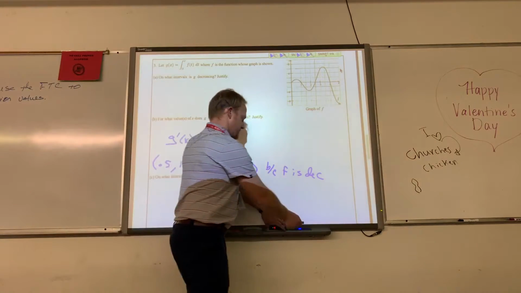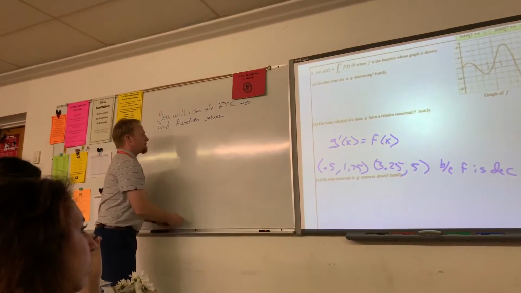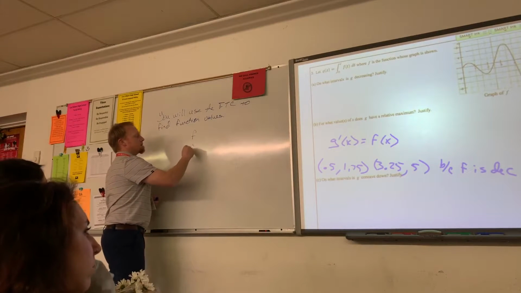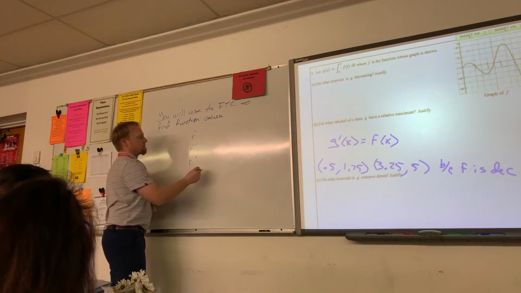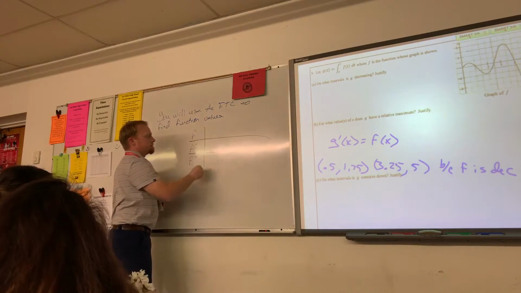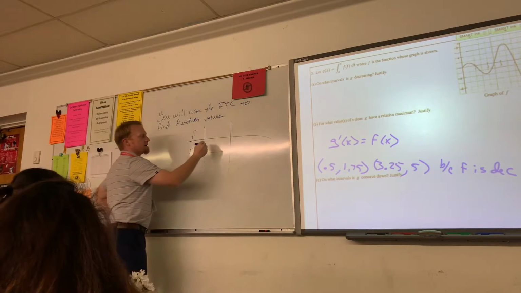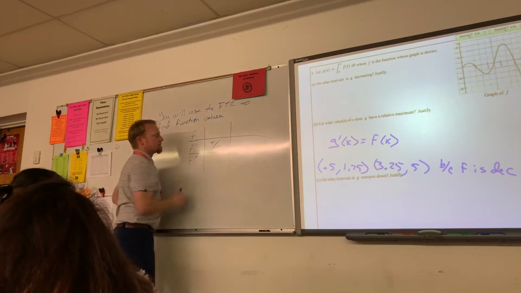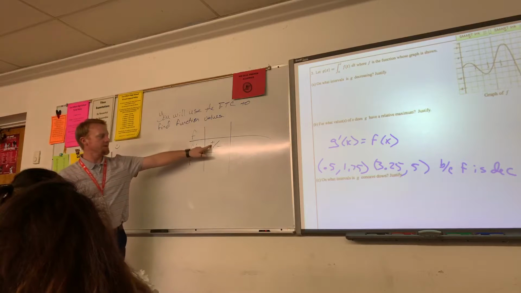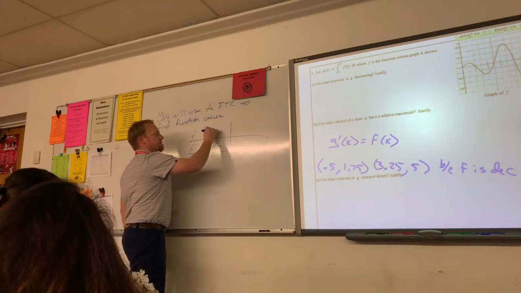All right, let's make our chart again since it's been a while. All right, so we'll start here. If my derivative is positive, what does that tell me about f? Increasing.